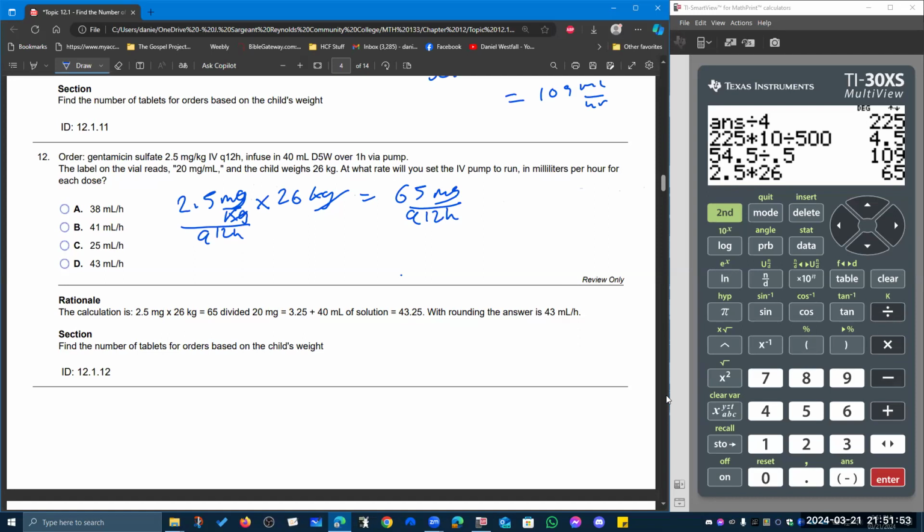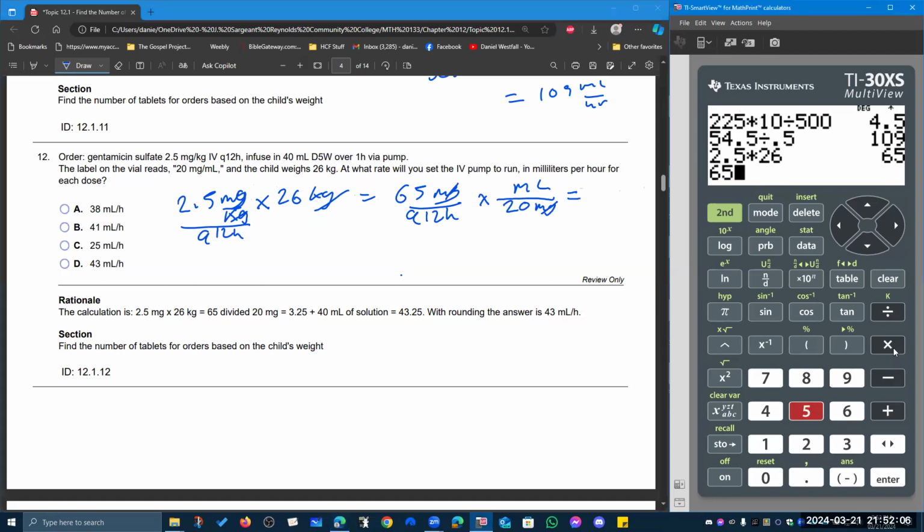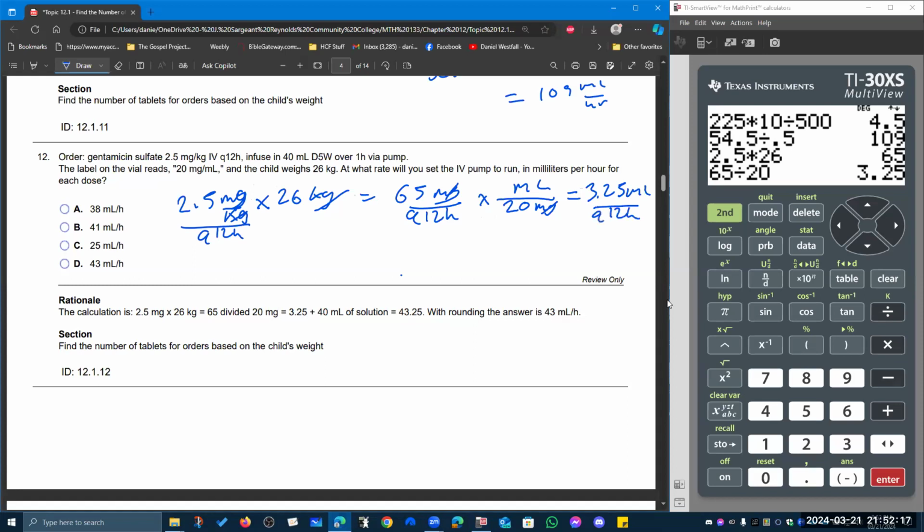And this says 20 milligrams per milliliter. So that's 65 divided by 20. It's 3.25 milliliters. And this is Q12H.